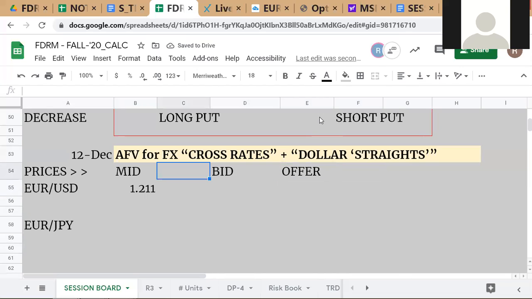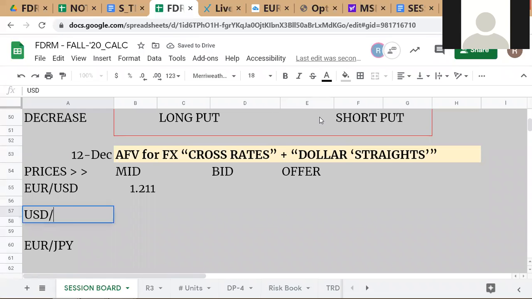So mid, the bid, and the offer. We will put some gaps in between. Here we have this, then we create a little bit of a gap further, and this one is dollar yen.